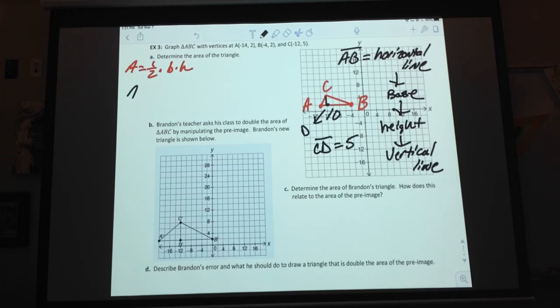So area is equal to 1/2 times 10 times 5. Holy cow, Kevin. I saw another mistake. It's not 5. It was coming out of 5. Why am I making so many mistakes today? Probably because it's a Saturday. All right.